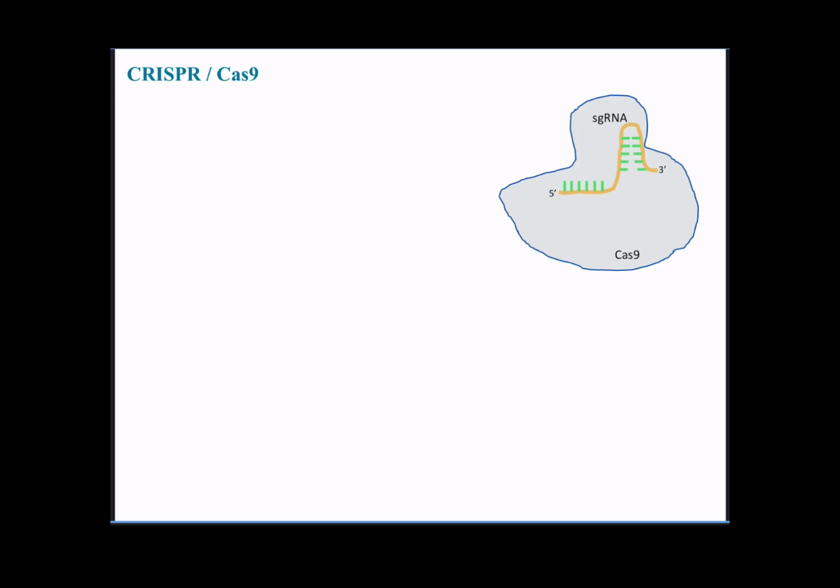So CRISPR, let's start with this. As usual, it's something that was found in the wild. CRISPR is a defense system that bacteria evolved to defend themselves against recurrent infections by the same bacteriophages over and over again.